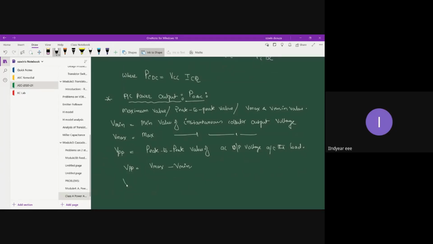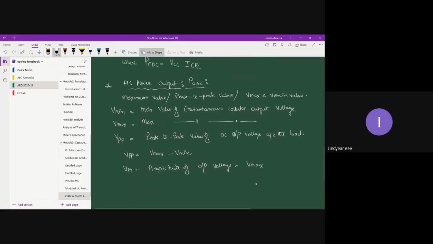Then we can also mention Vm. Vm is nothing but the amplitude of output voltage, which is actually V max itself for a symmetrical waveform.